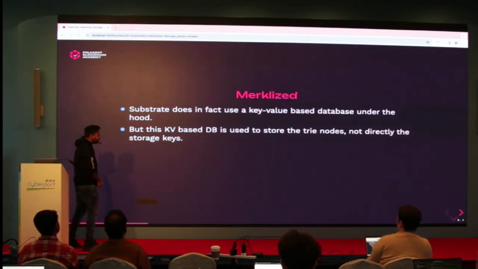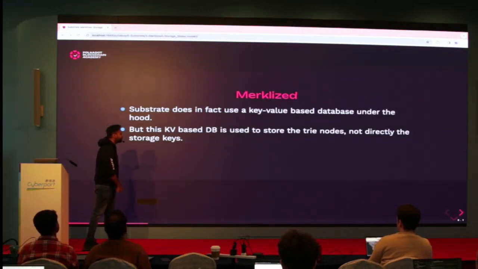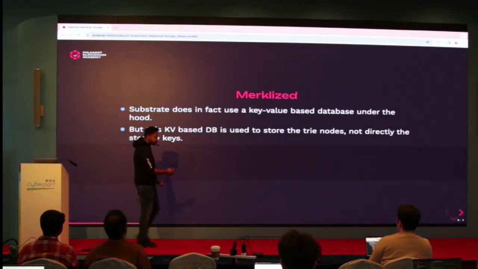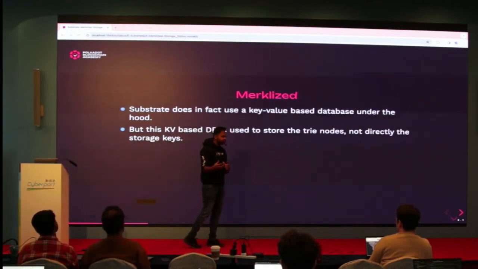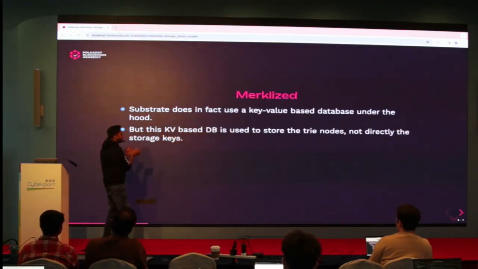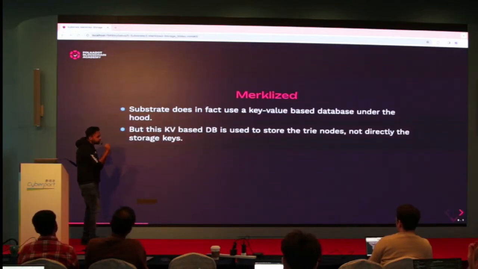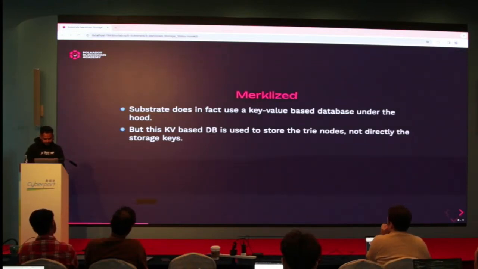I asked if Substrate uses a key value database, and it is true, it does use a key value database, but it's not storing the actual values. It's actually storing this trie structure somehow. I will show exactly how we walk the path and figure out how values are stored.